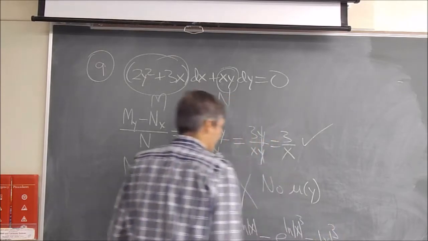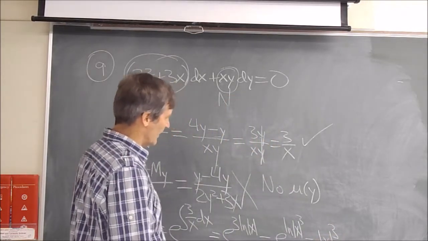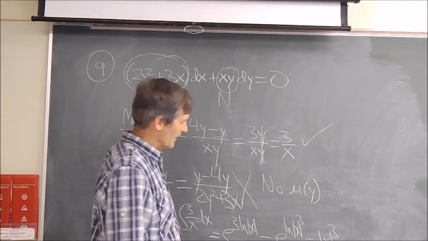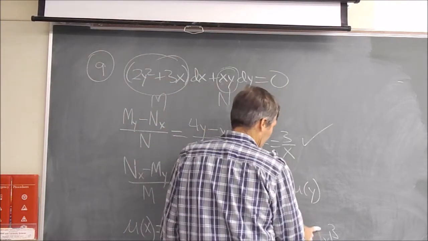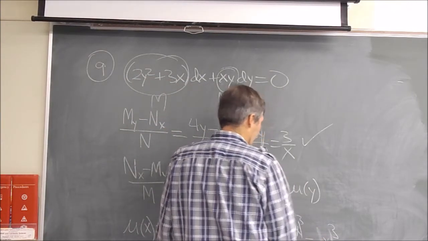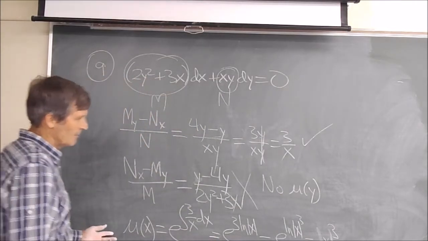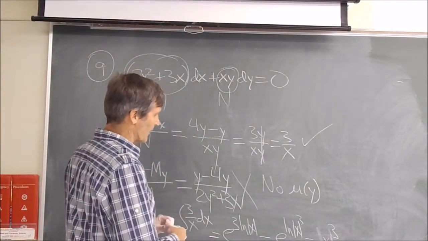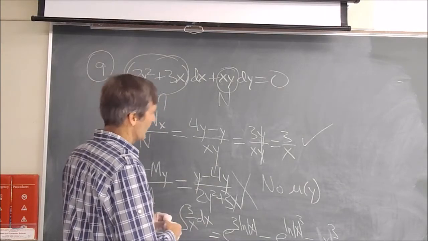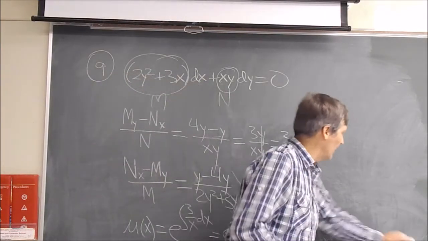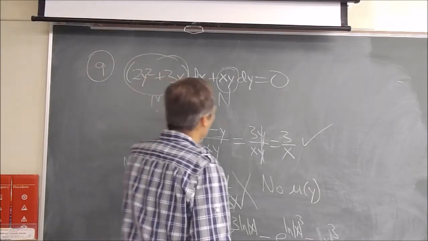Well, I say absolute value of x to the third, but really ln isn't defined at x equals 0 anyway, so we can take x to the third as an integrating factor on the interval 0 to infinity or minus infinity to 0, it doesn't matter. And a multiple of an integrating factor is an integrating factor, so we'll just say x cubed is an integrating factor on either interval.